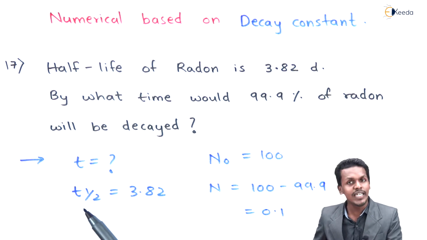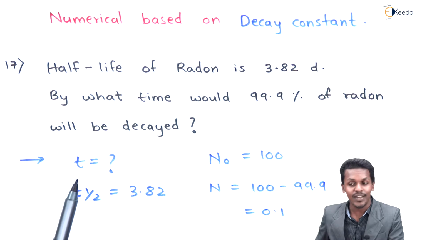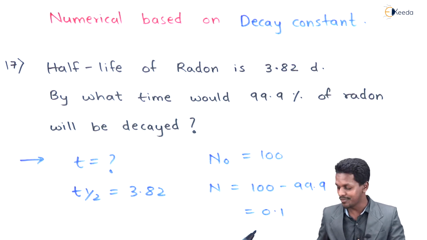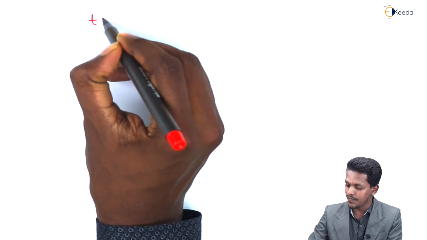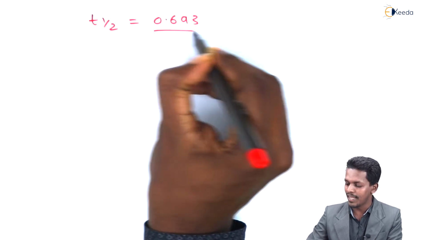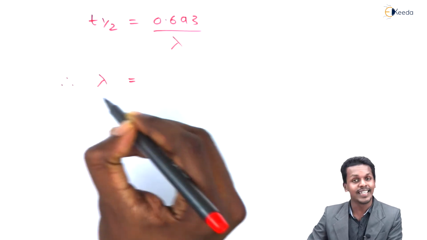With the help of T half, we can easily calculate the decay constant, and from that decay constant we can find the time required to convert from 100% of the radioisotope to 0.1%. So let's see how we can calculate it. The formula is very simple: T half, the half-life period, is equal to 0.693 divided by lambda, and here we have to find the decay constant.